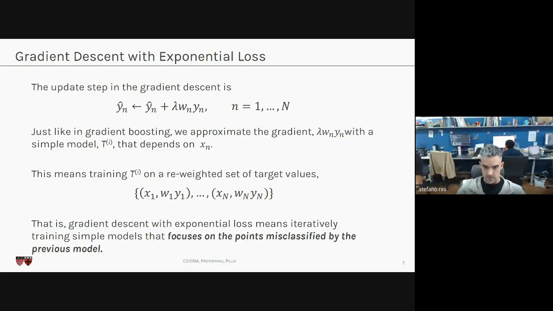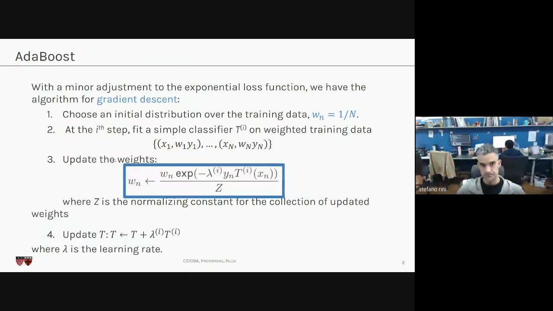Basically we repeat this, so that at each step we learn a model that corrects the residual, and it focuses only on the points misclassified by the previous model.